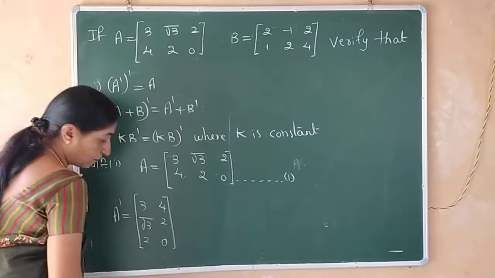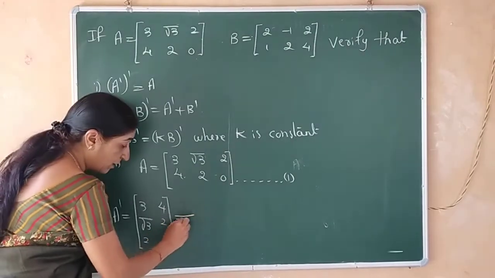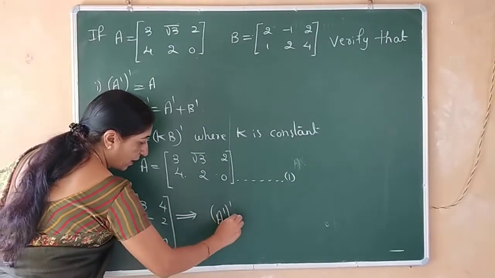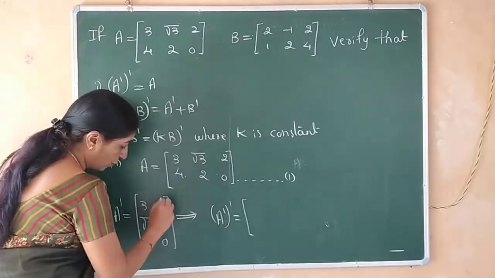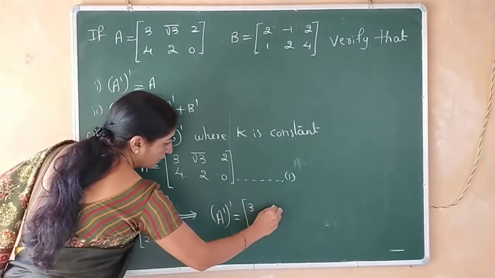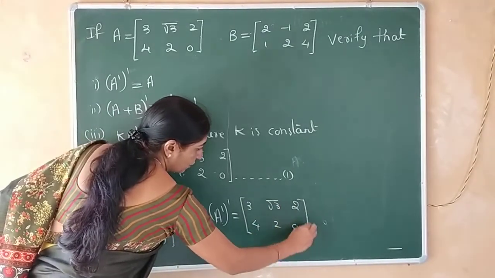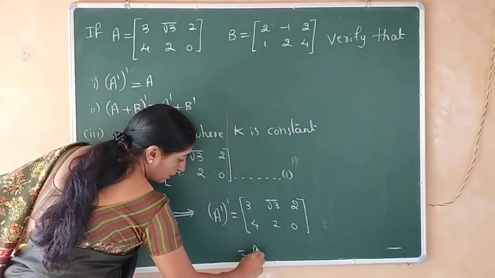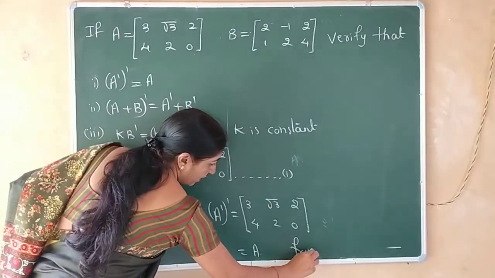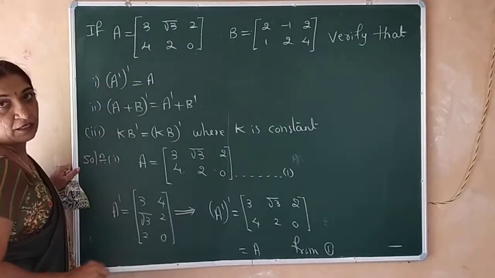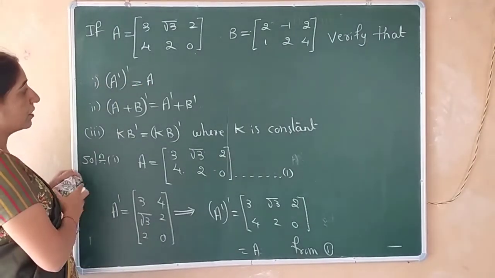This is A transpose. After writing this, again write down the transpose of this. A transpose of transpose is equal to, now the row changes to column, column changes to row. So is it nothing but A? This is A, from equation 1. Now is it clear? So we got the first answer: transpose of A transpose is A.